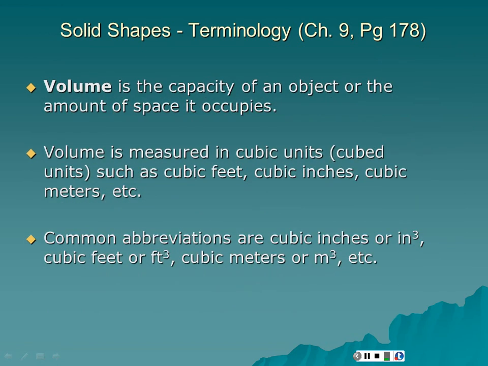So in case of the solid shapes, instead of calculating the area, we calculate the volumes. Okay, because it's three-dimensional. So the volume is the capacity of an object, the amount of space it occupies. For example, let's say the CPU, okay?